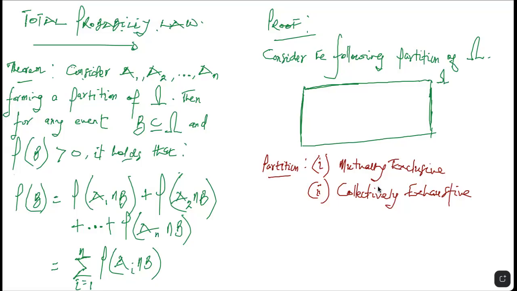If you only consider two of the spaces, and the spaces here represent events, say the living room and the bedroom, they are mutually exclusive because they do not overlap. But if I just take the living room union the bedroom, it will not give me the whole house.